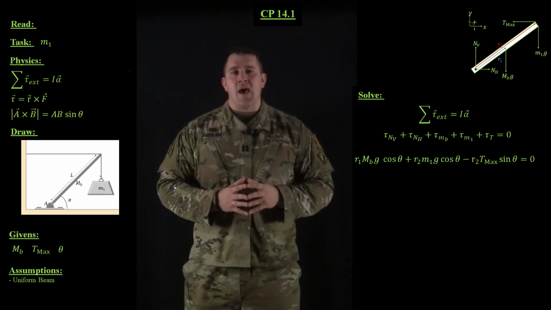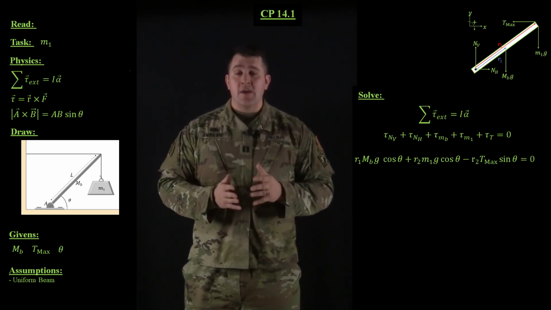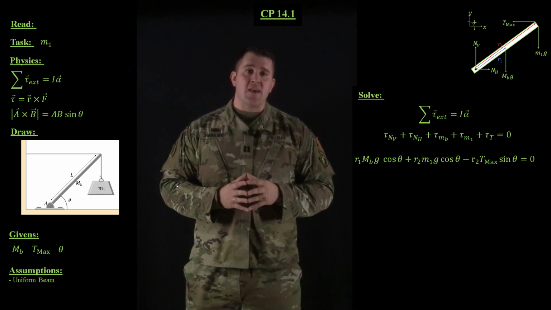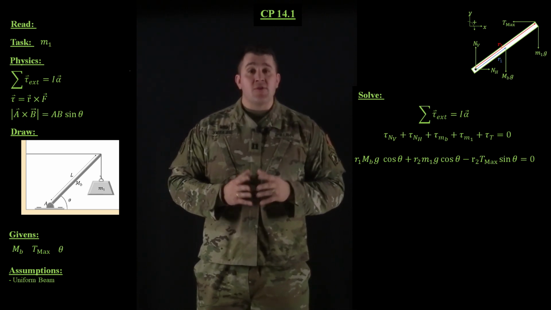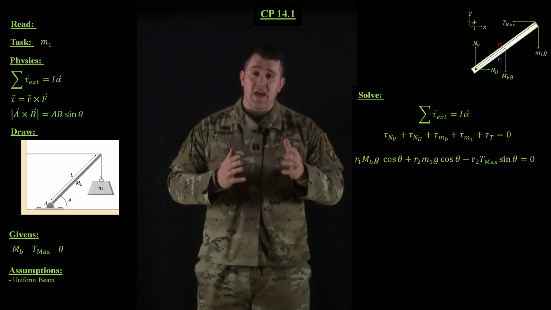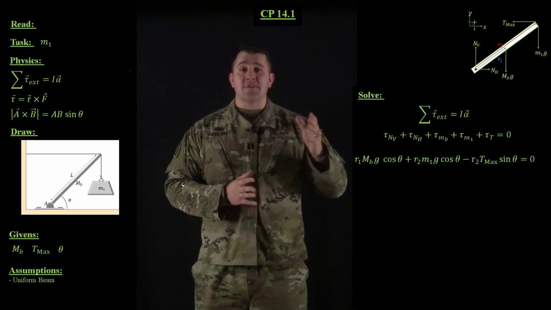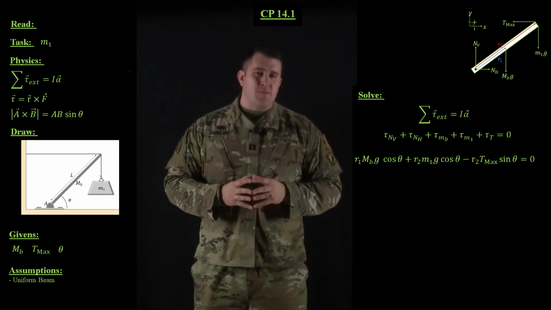Continuing on, I have the torque caused by that hanging mass, which is R2 times the weight of that hanging mass times, again, the cosine of theta. And finally, the torque caused by that tension in the horizontal wire, which is R2 times the tension times the sine of theta. Now notice the sign of this term is negative.